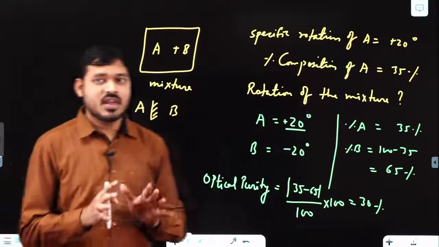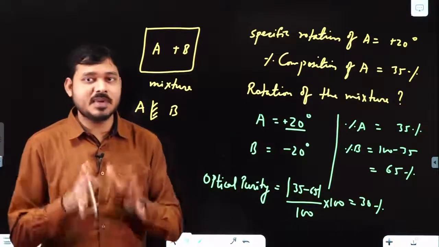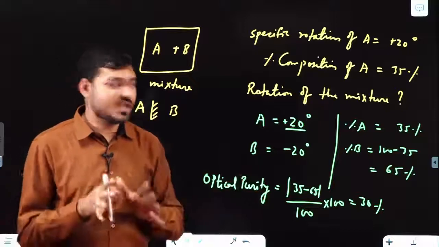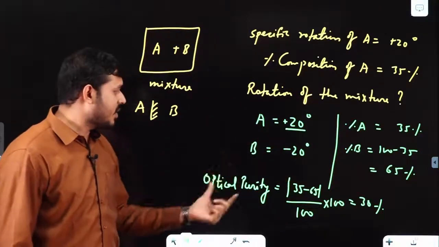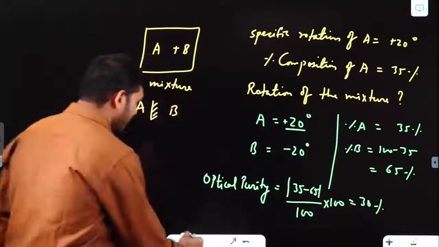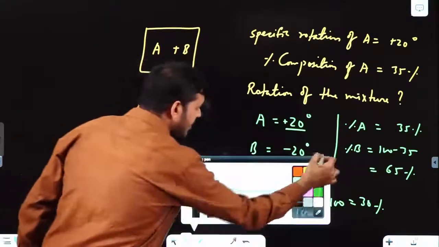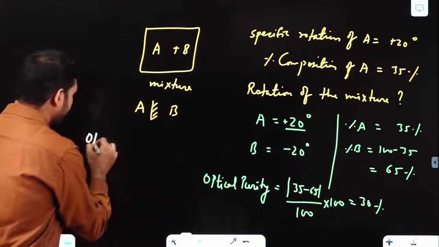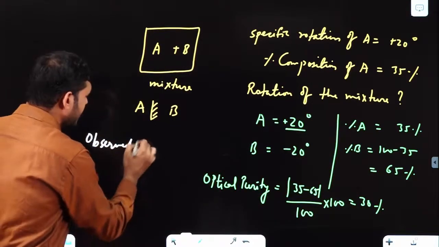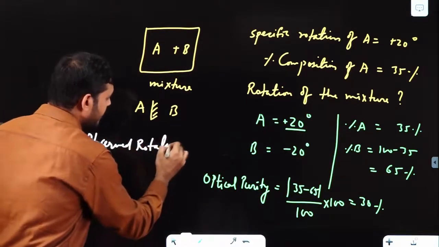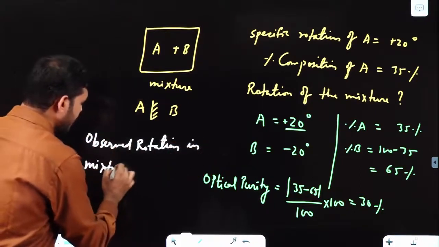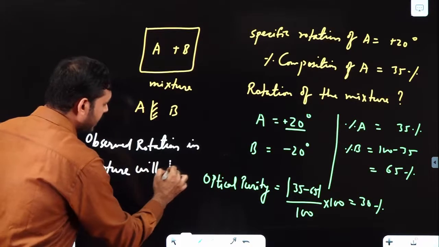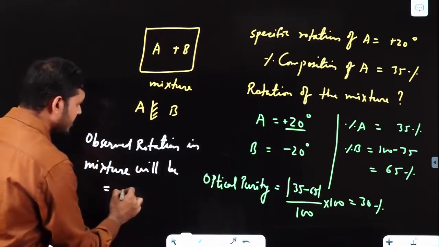Now, if the mixture were 100% B, then the rotation would be minus 20 degree. But we have 30% pure form of B. So the observed rotation in the mixture will be due to B, and how much?